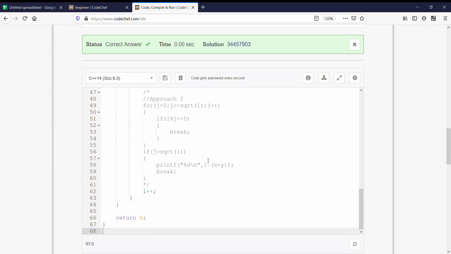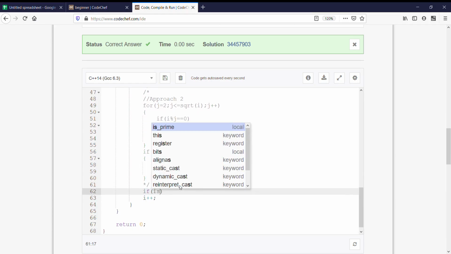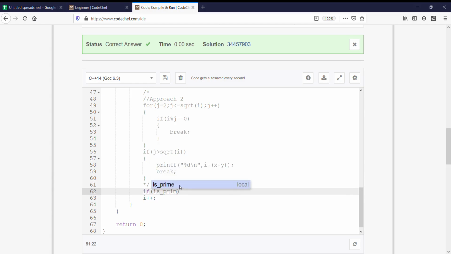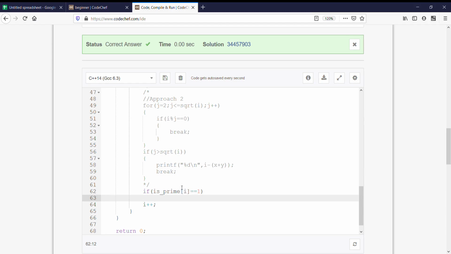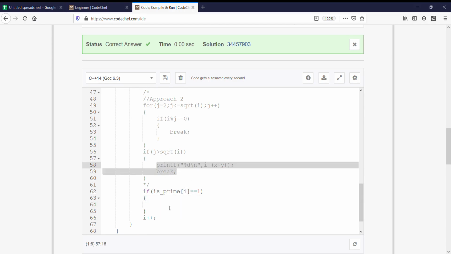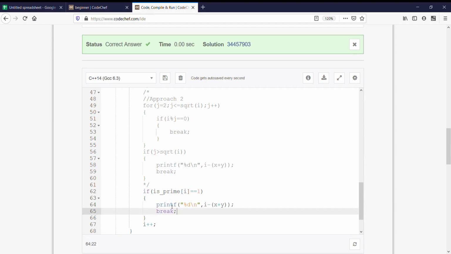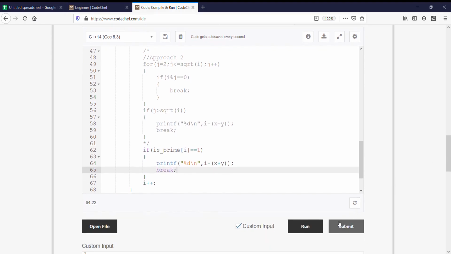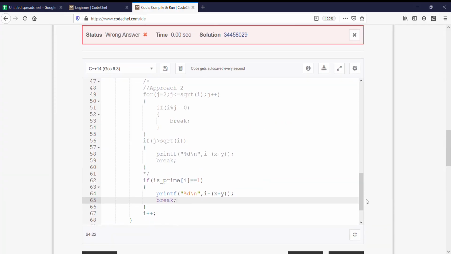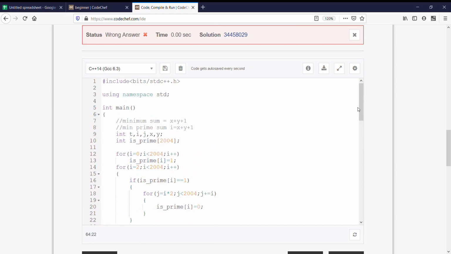Here we check whether the I number is prime or not, that is whether isPrime of I is 1 or not, and then we perform this same step. Let us check by submitting it. Oh, we have made a mistake.